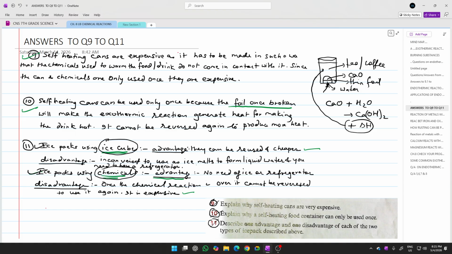If you have some inflammation or swelling in your arm or on your leg or any part of the body, then you use this ice pack to get that cooling effect.